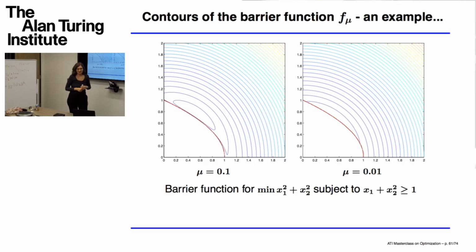It's a bit hard to see on this plot, but in fact, you do get blow up at the boundary, it's just very, very hard to see. So you do approach the minimizer, but you will get blow up at the boundary. The minimizer will be closer and closer to that boundary, but you get more and more ill-conditioned problems.